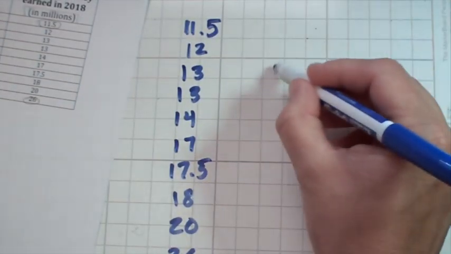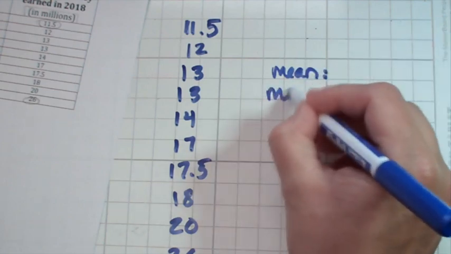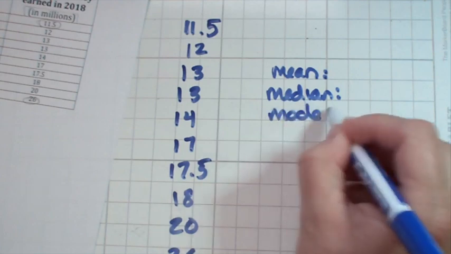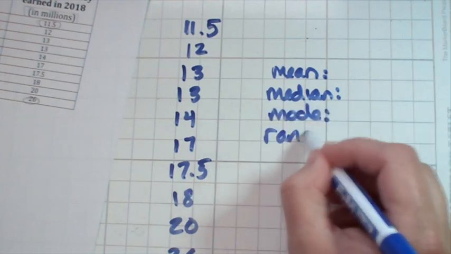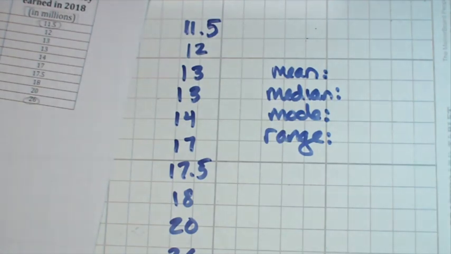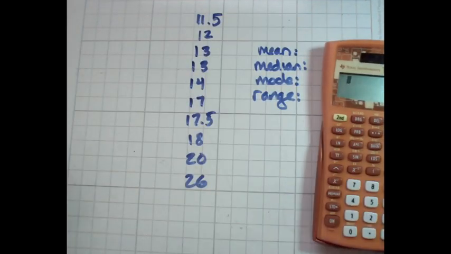So we should be able to find the mean, the median, the mode, and the range. Hopefully you've gotten really good at this. So to find the mean, I'm going to have to add all these numbers together.